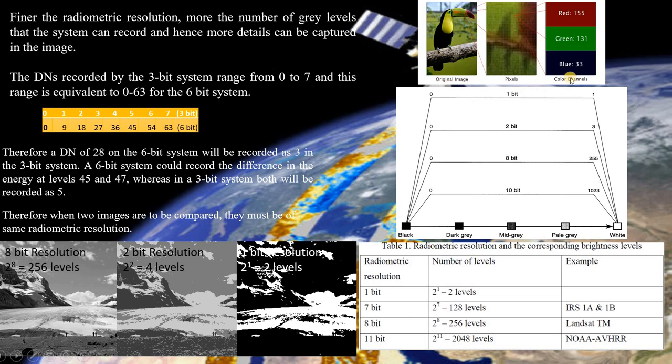One more point I want to say is that as you increase the number of bits in terms of radiometric resolution, your volume of data will also increase, since the sensor records that many shades for each pixel of the image.